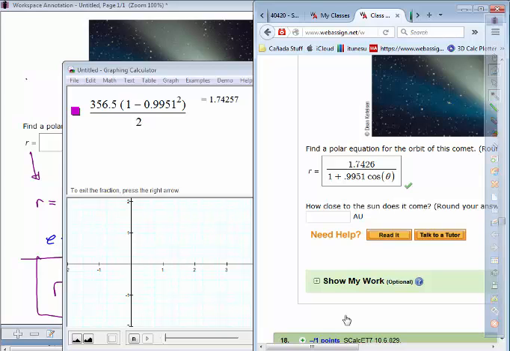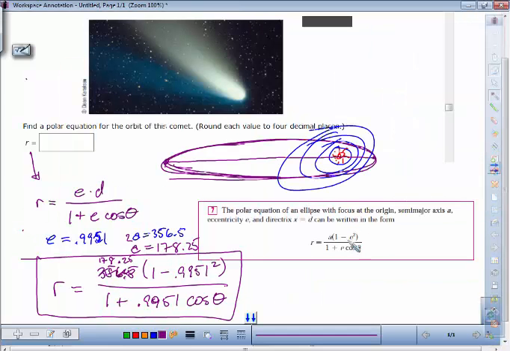And then it's asking how close to the sun does it come. So we're looking for this distance over here, from the focus point. We can probably do some math to try to figure out what the coordinates of the outside things are.